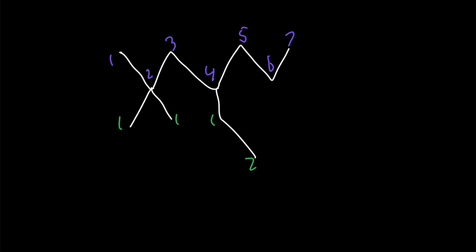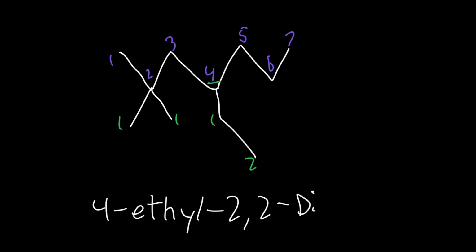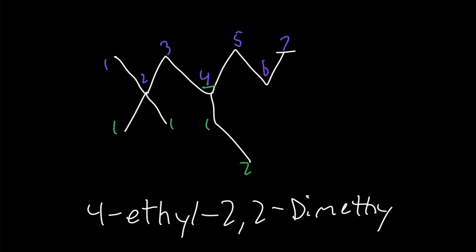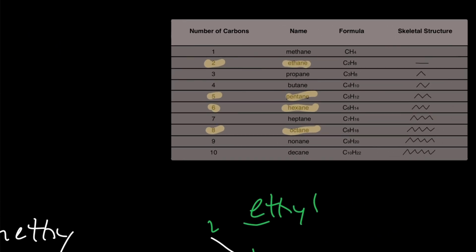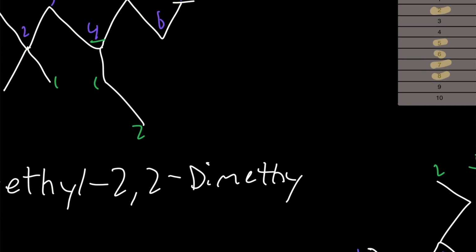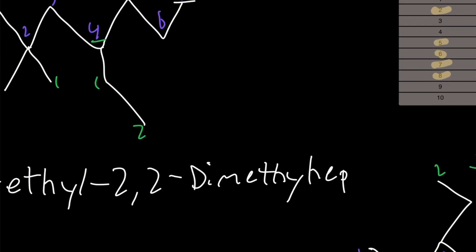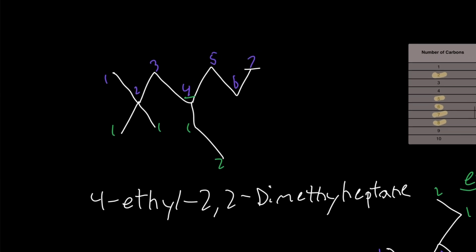So instead, since the ethyl is on carbon number 4, you start off with 4 and then do your ethyl. And then you do your 2,2-dimethyl. And since it's a 7 carbon chain, we look at our chart, 7 carbon chain, that's a heptane. So we will write out heptane. So in total, this is 4-ethyl-2,2-dimethylheptane.